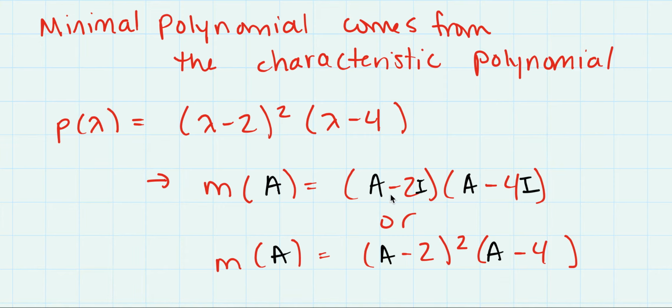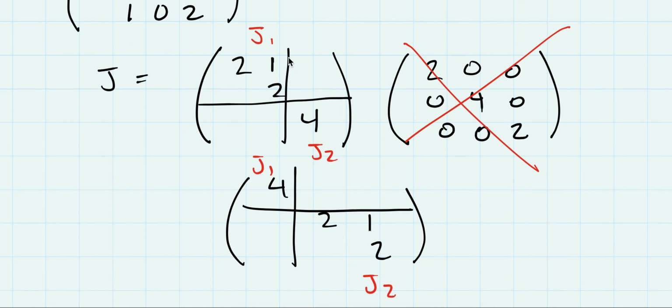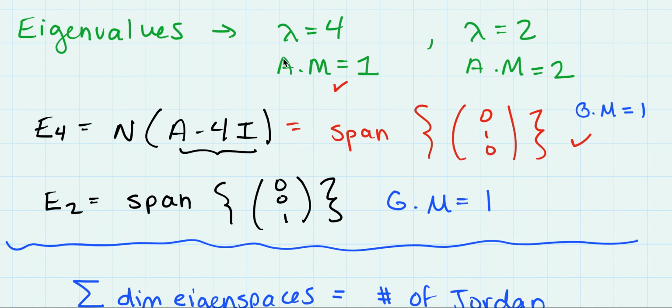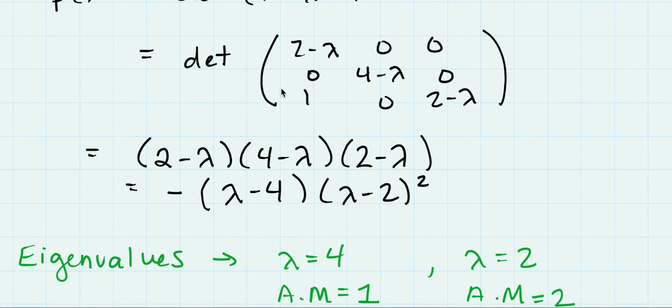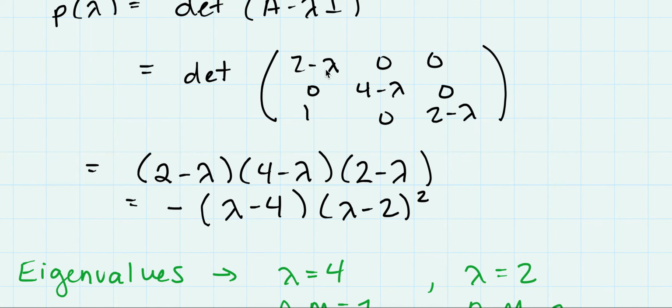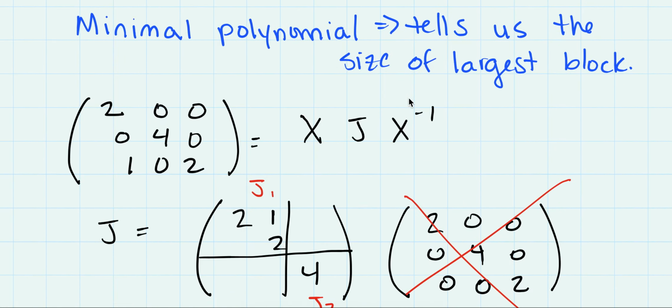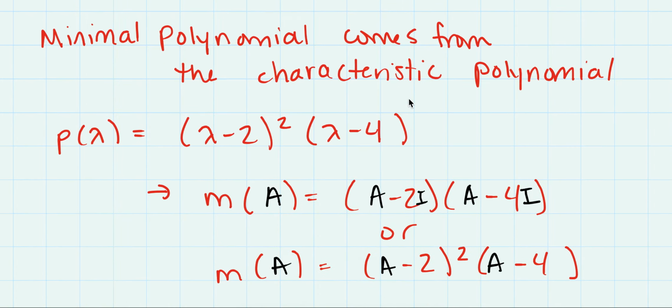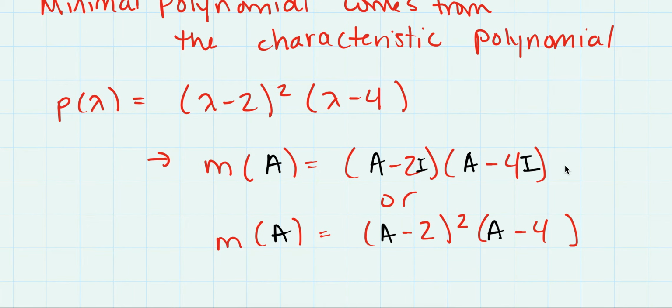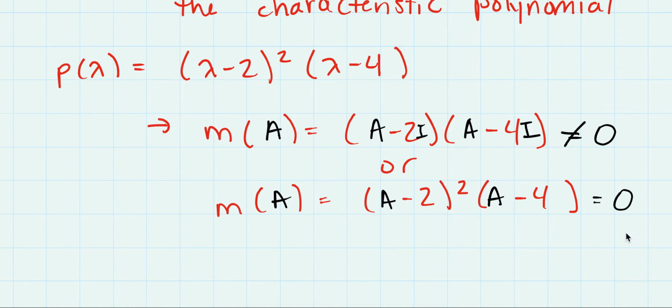So if you take A minus 2I and multiply it by A minus 4I, so we've already found these matrices. Remember, we found them when we were trying to figure out the null space. So plugging in 2 here, we got 0, 2, 0, and then plug in the 4 as well. You'd multiply those two matrices, and if you get 0, that is the minimum polynomial. But it turns out that this is not equal to 0. It's actually only this one is equal to 0.